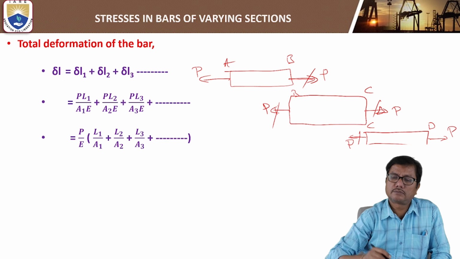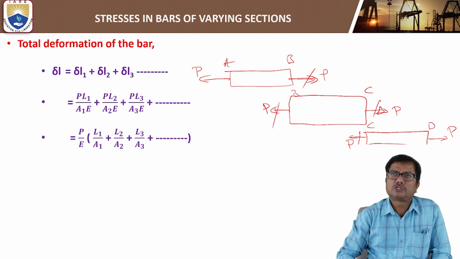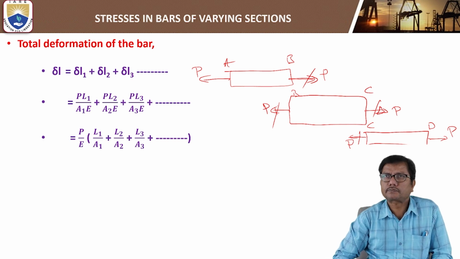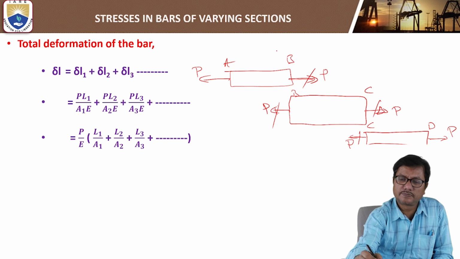Similarly, these two are balanced. We are considering each portion separately by cutting the member at B and C to obtain the free body diagrams.